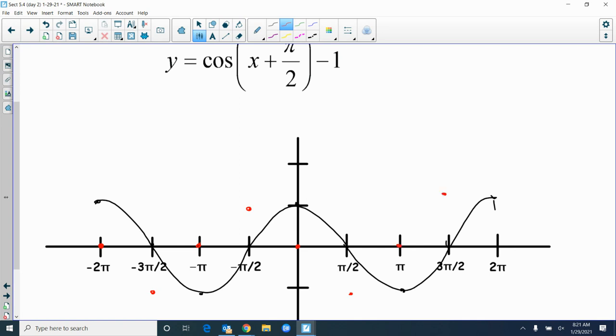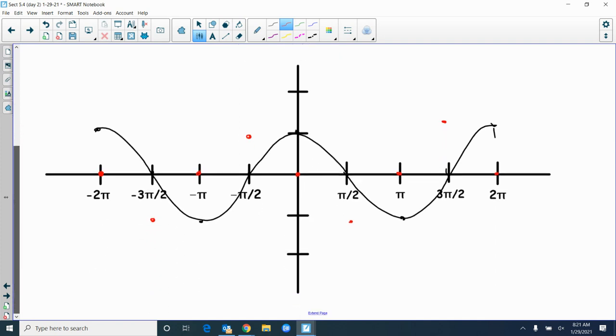And then you got to think where that next point would be. It goes there, and then it moves down 1. So everything moves down 1. That's going to be here, this is going to be here, this is going to be here. There, there, there, here, here, and here. So it's going to look like this.